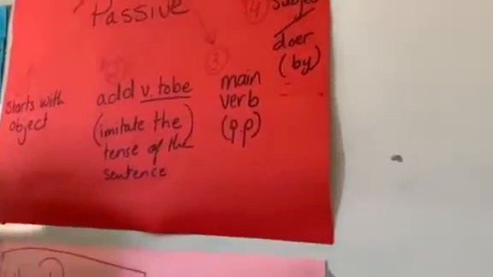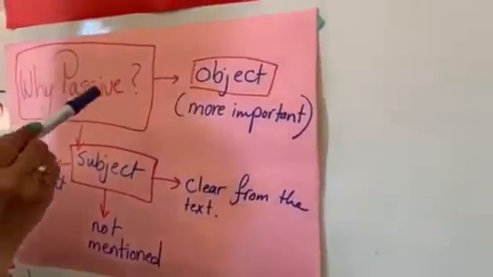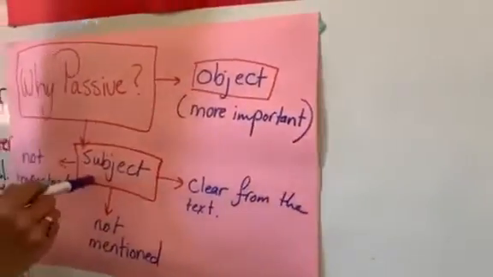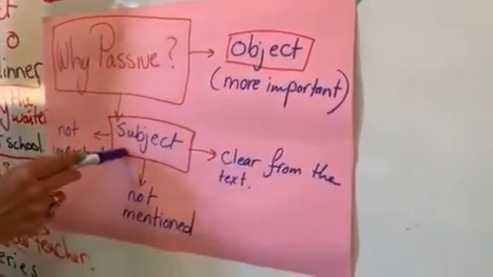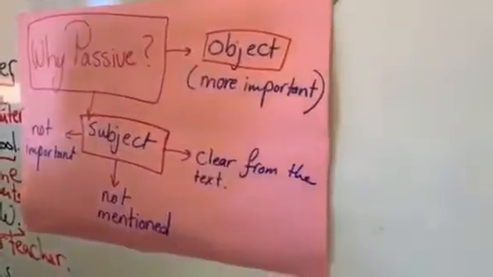Okay, why do I use the passive, dear students? Okay, now I have 2 reasons. One that concerns the object and the other one concerns the subject. Okay, I use the passive when the object is more important to me.